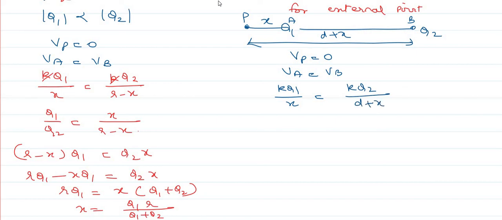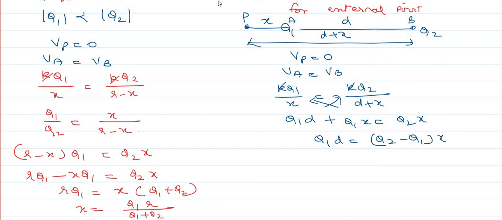Because I have taken D, you can take R also, not an issue. So K will cancel out. Q1D plus Q1X, on cross multiplication, will be equal to Q2X. So Q1D will be equal to (Q2 minus Q1)X. So we are finding X, that will be nothing but Q1D by (Q2 minus Q1).